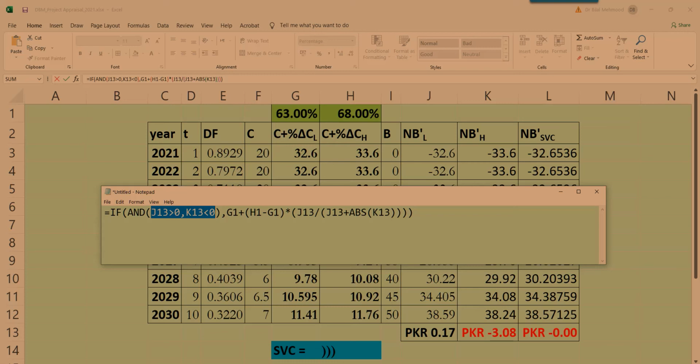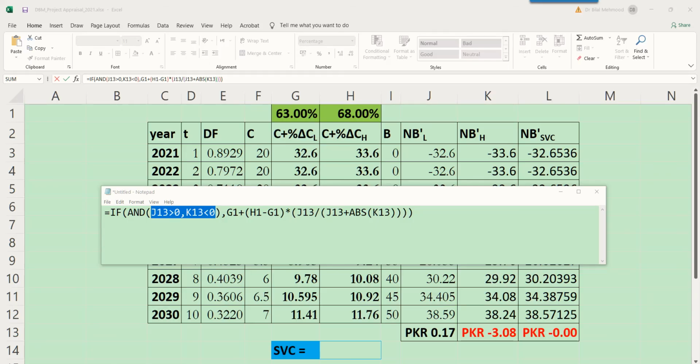And if it is so, then we can say that we have the fulfillment of the requirement of the interpolation formula.